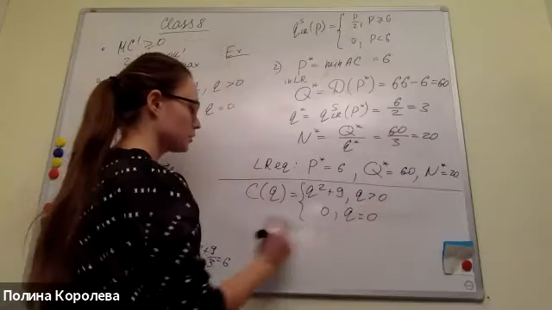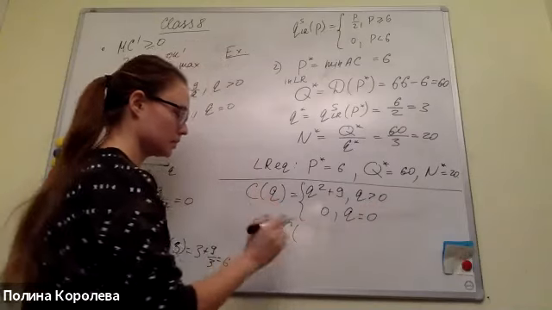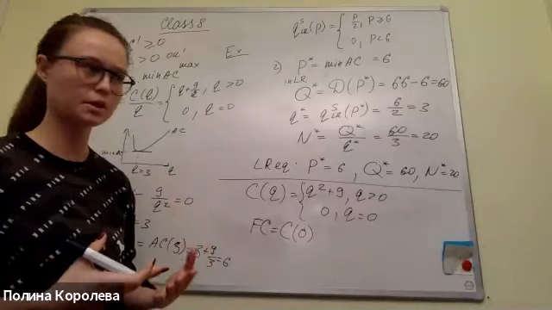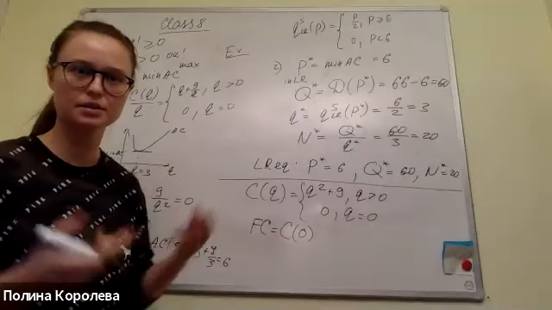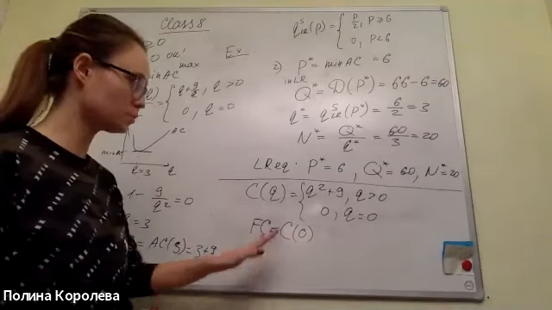No. We know what fixed cost is. Fixed costs, by definition, are our costs if we do not produce anything. If we have some fixed resources, capital, things like this, we should pay even if we do not produce anything.